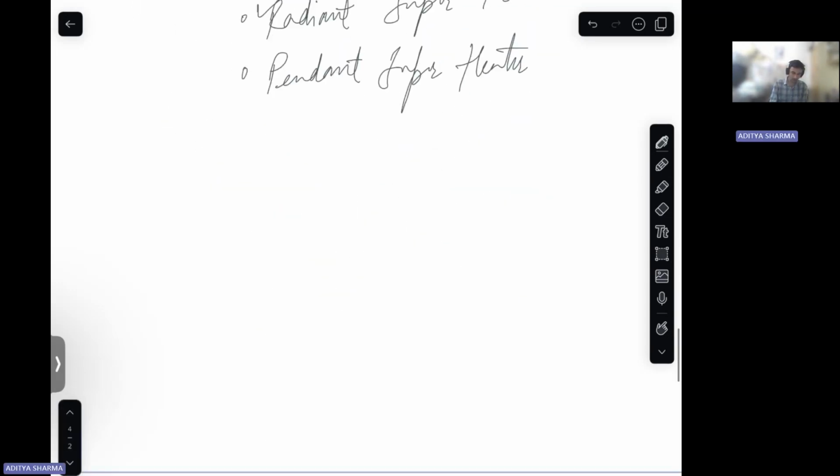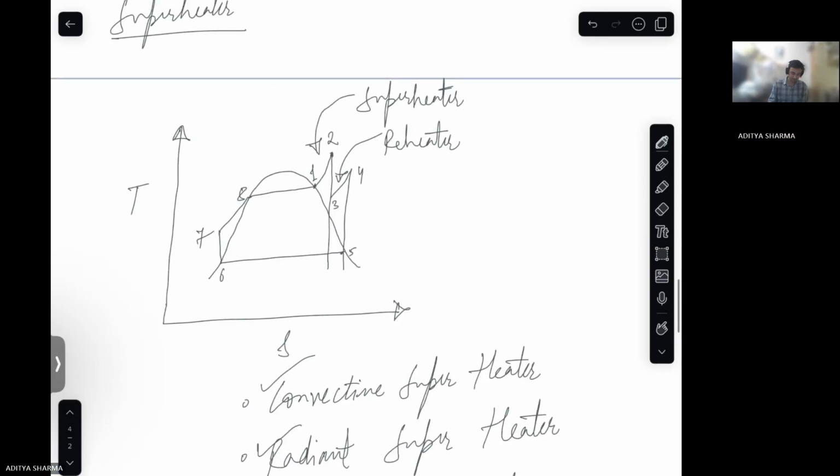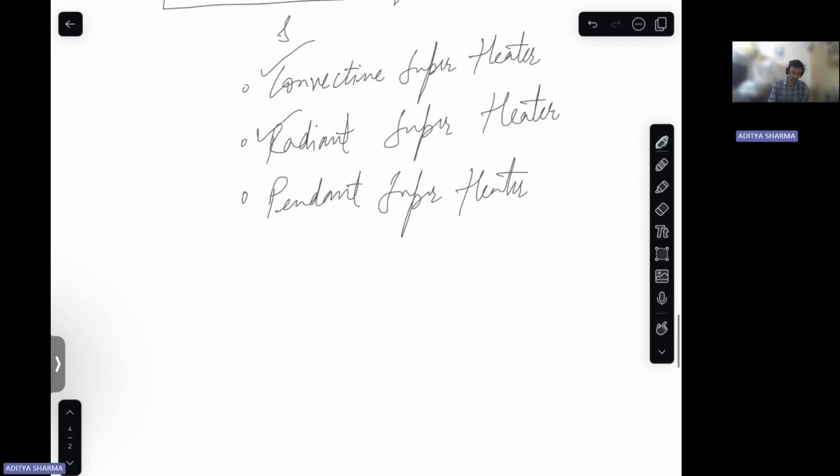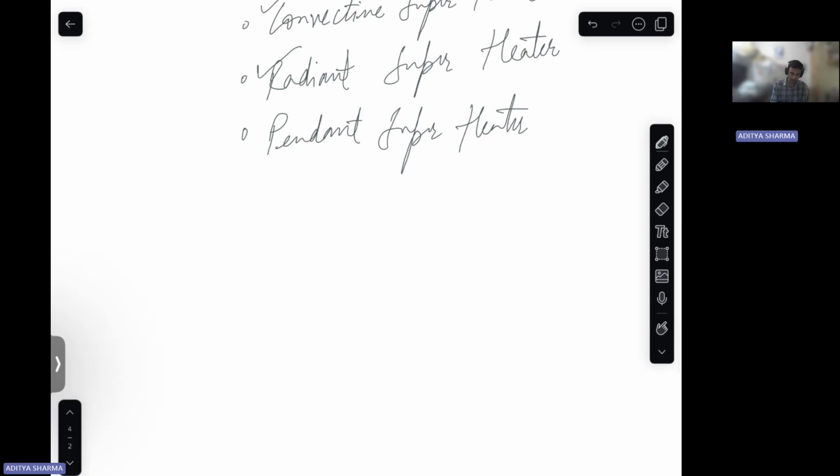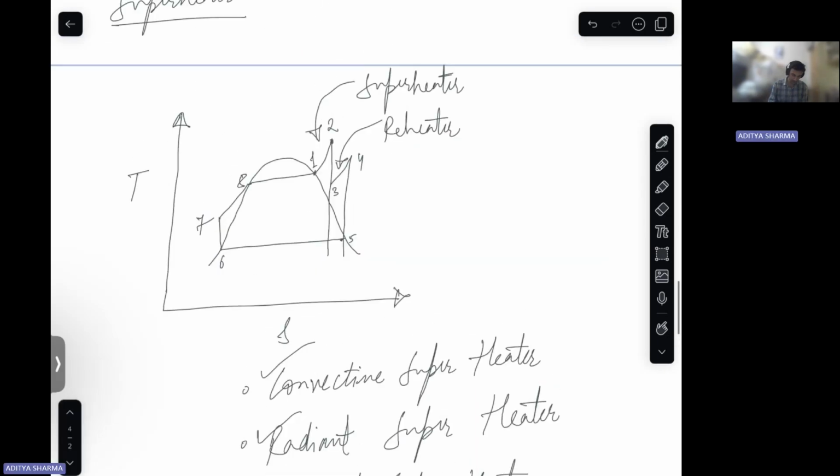Then one important difference between convective and radiant superheater is, so I'll draw this and then I'll explain.